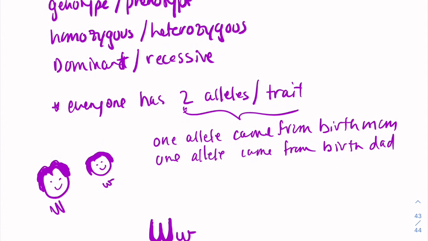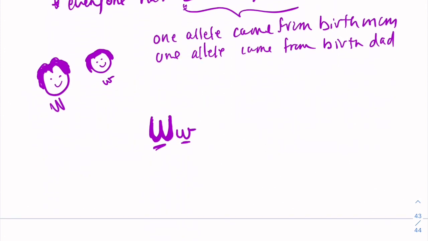Some people have a little pointy hairline like this. That's called a widow's peak. And this lowercase one is a straight hairline. If we look at this and say someone's heterozygous, okay, they're going to have a widow's peak, right? This one had to come from one parent, and this one had to come from another parent. We inherit one from our birth mother, one from our birth father. We just don't necessarily know which is which unless we know a little bit more about what the birth parents' hairlines look like. But when you have offspring, you can donate either this to your kids or this to your kids.